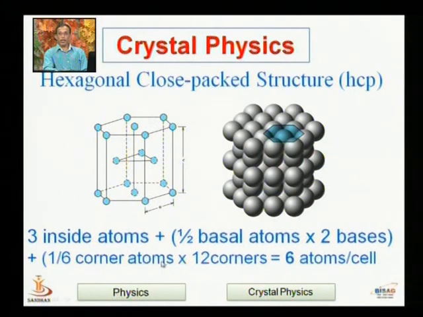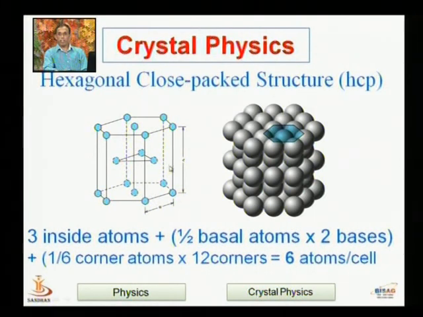So 1/6 into 12 corner points plus upper and lower plane atoms which are lying at the top and bottom plane. So half portion of the atom in this cell, half in the upper one. So half into 2 types of atom. So half basal atoms into 2 bases, plus these are the 3 atoms, they are lying within the cell.